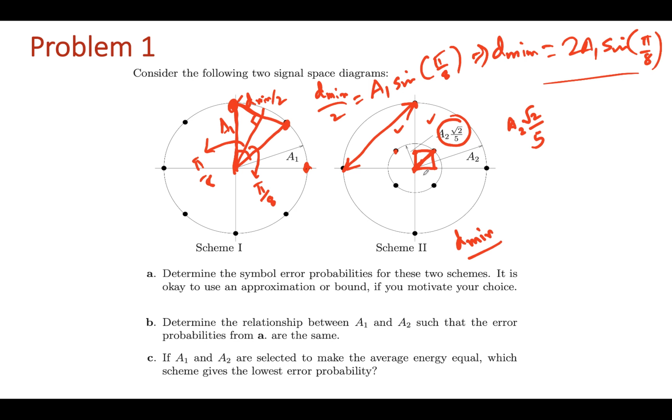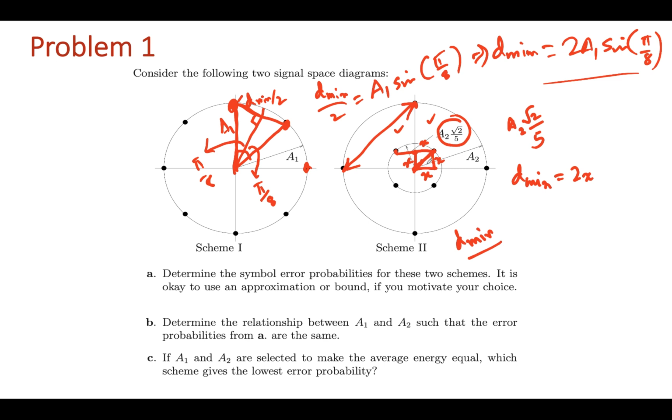If I say this part as x and this part also as x, then this is also x and this is also x. According to the geometry here, your d mean is twice of x.